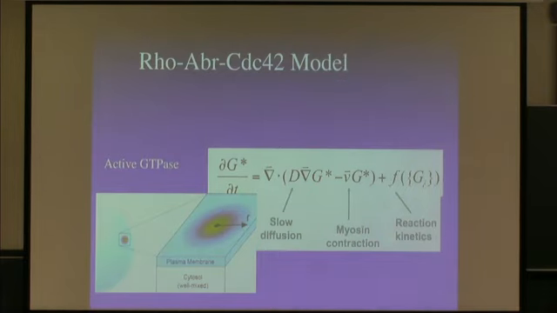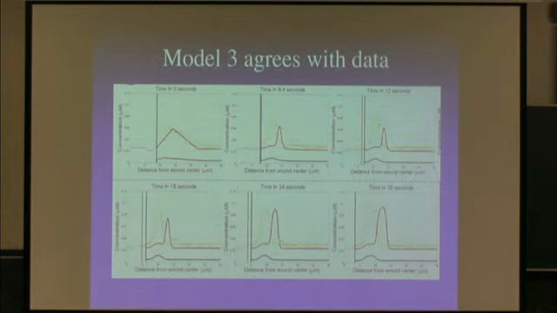He looked at a variety of models. These were spatial, in radial coordinates around the wound. I'm not going to go into great detail here because I want to move on to the other stories, but he was able to show that a certain model, model 3, the one that has additional feedbacks, can account for the data.